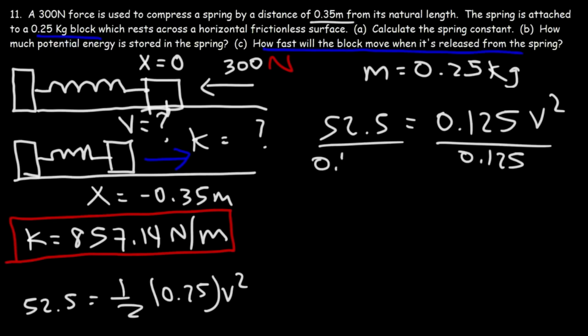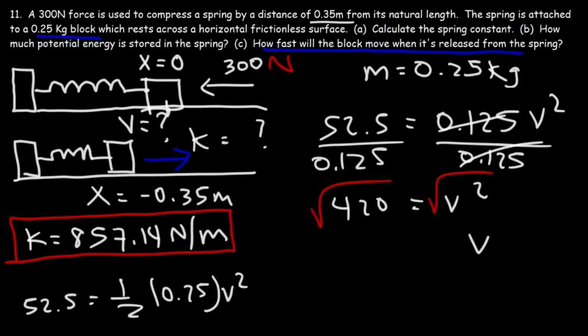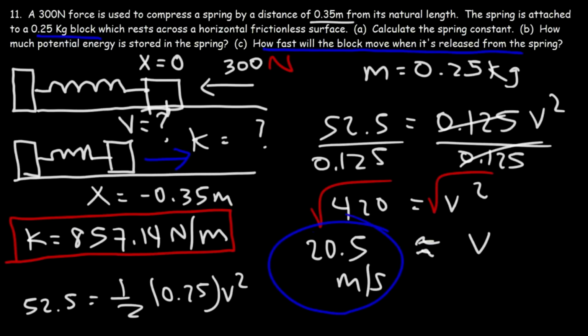So let's divide both sides by 0.125. So you should get 420 is equal to v squared. Now, let's take the square root of both sides, and this will give us v. The square root of 420 is approximately 20.49, but we can round that and say that's about 20.5 meters per second. So this is how fast the block is going to move when it's released by the spring.